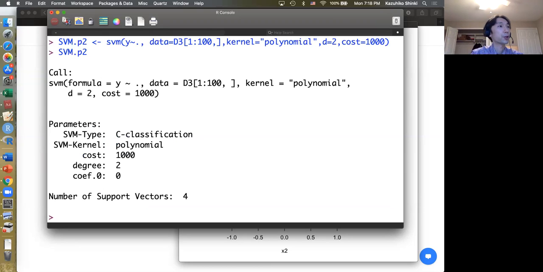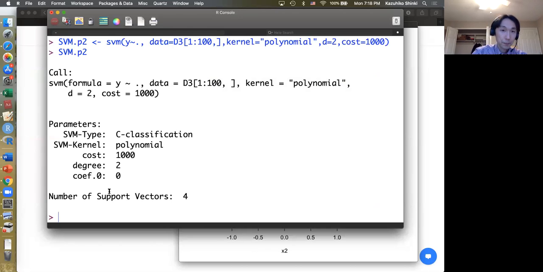So it is 6-dimensional. Usually we would have 7 support vectors, but we only have 4 support vectors here. That means we don't really need the full 7-dimensional space.